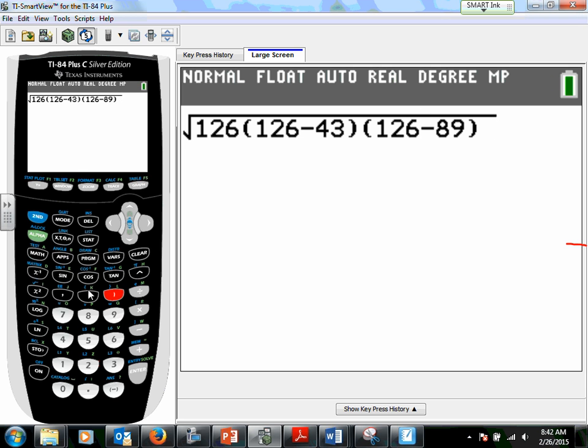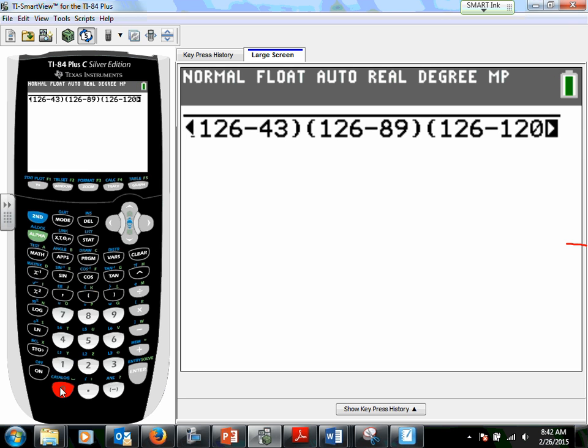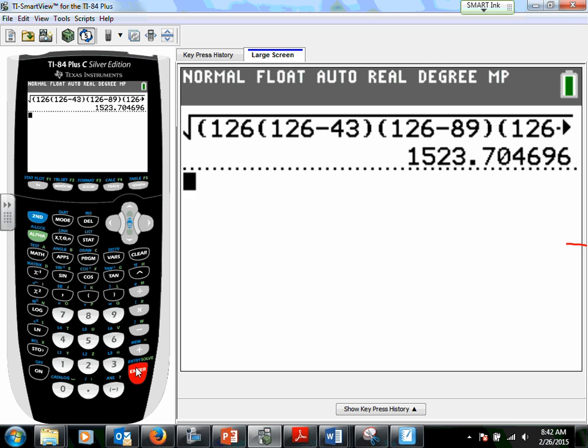Close your parentheses. Open them back up. 126 minus 120. So, 1,523.7 units square, right? When we're talking about area, we're talking about square units. Okay, so if it gives you your unit, make sure you write that unit squared. All right. Not so bad. You just have a few things to remember with that formula.